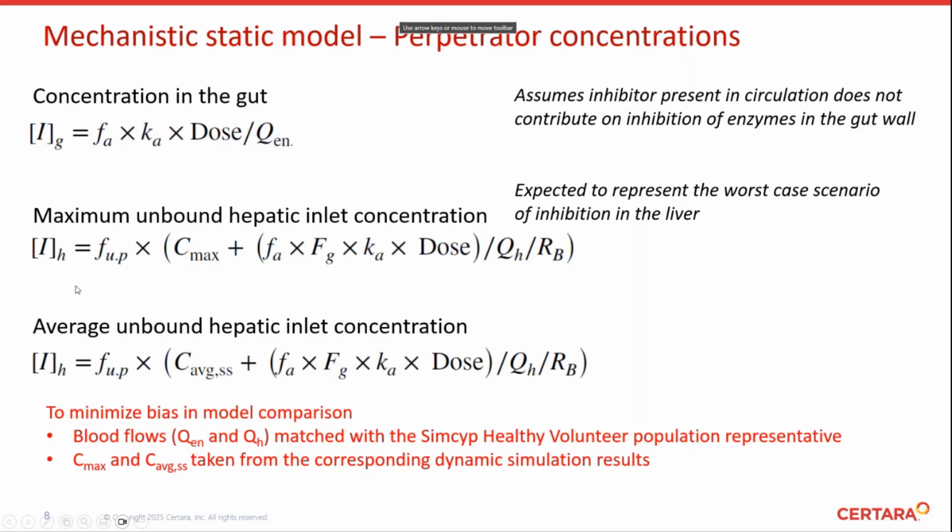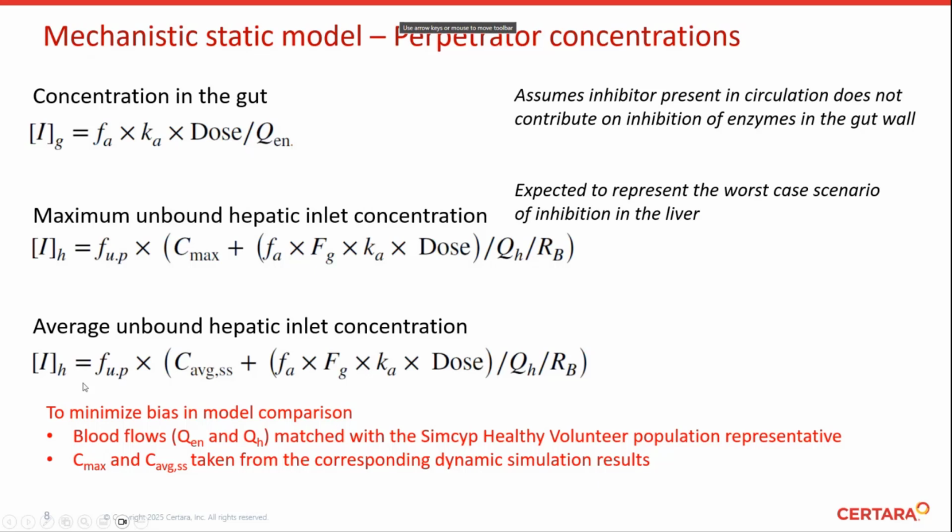We will focus on the average unbound hepatic inlet concentration, where the liver concentration is predicted with otherwise the same equation, but it's the average steady state concentration in circulation that is driving the interaction, plus the inlet concentration coming from a single dose given at the same time with the substrate.